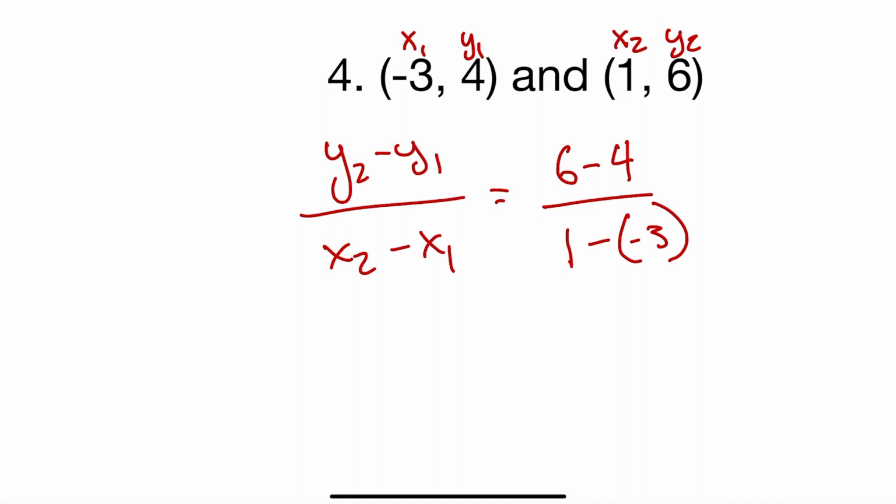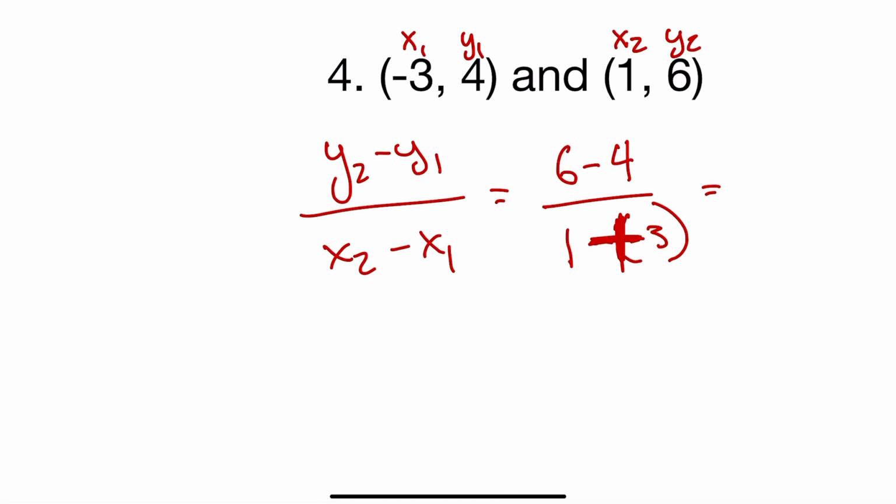Since we're subtracting a negative, I am going to put my -3 here in parentheses because I need to differentiate between this negative that we put here and this negative coming from our x1. Okay, so when we do that, you have a negative times a negative. So negative times a negative is going to give you a positive. So I'm just going to make that a giant positive plus sign so that I do not get confused later.